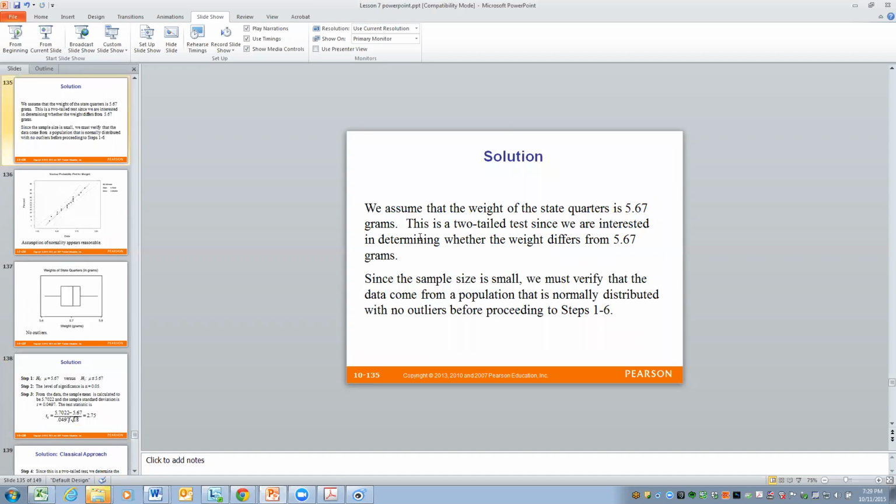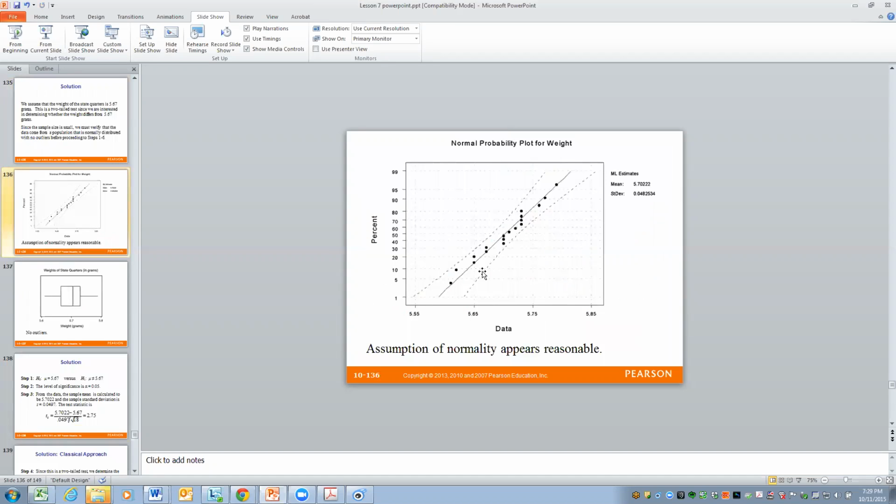So we take the average of those 18 to come up with a sample average. We're looking at whether or not the weight is different, so it's two-tailed. So we're going to go through the process. First of all, we try to see if the assumption of normality is reasonable.